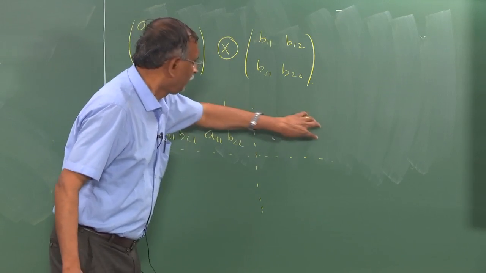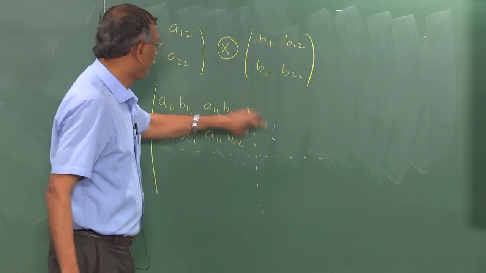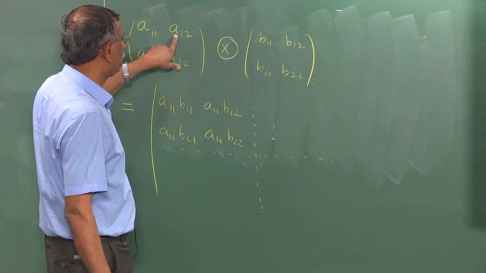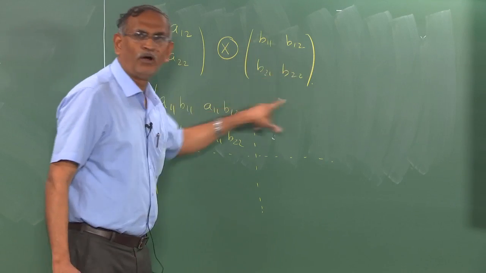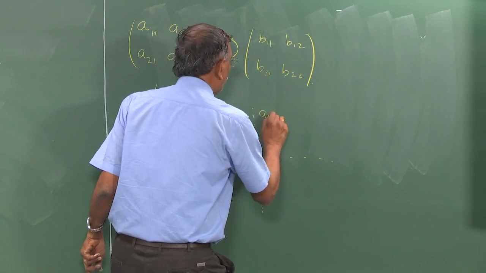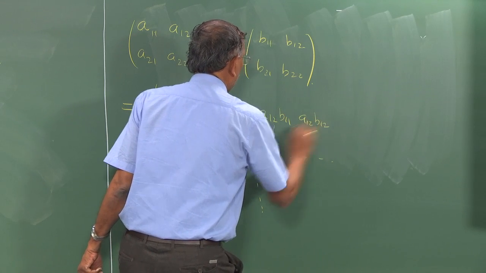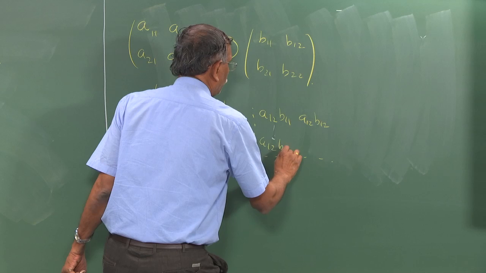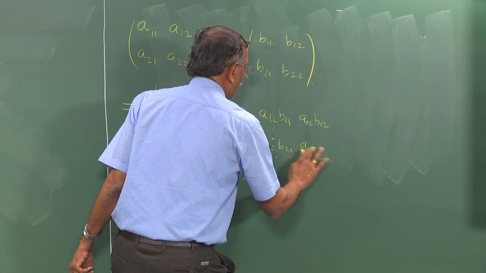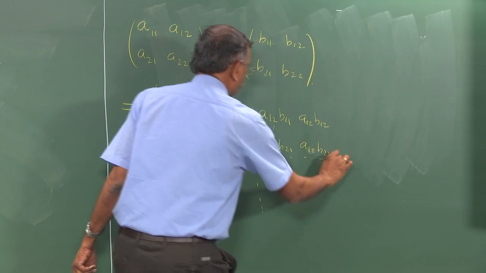And this set of the 4 elements are obtained by multiplying A12 with all the 4 elements here. Therefore, you get A12 B11, A12 B12, A12 B21, and A12 B22.